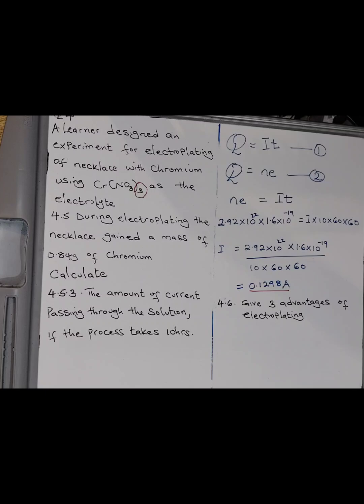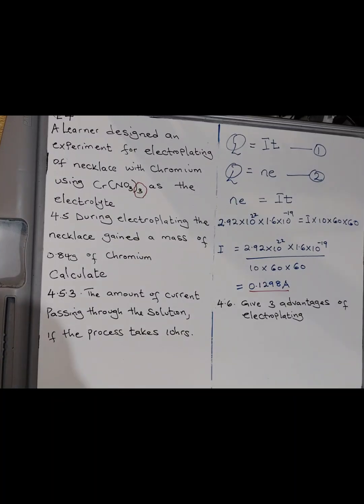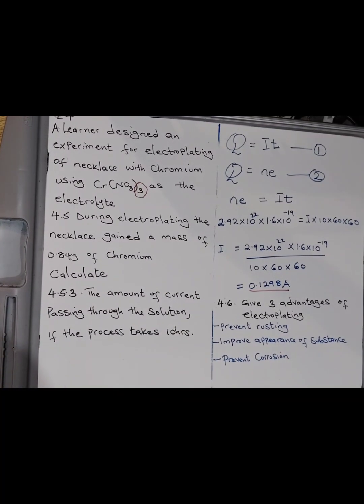If you cover that material with a metal which is not easily corrodible, you can protect it from corrosion. So those are the three advantages: prevent rusting, prevent corrosion, and improve the appearance of the substance. Let us put it down.